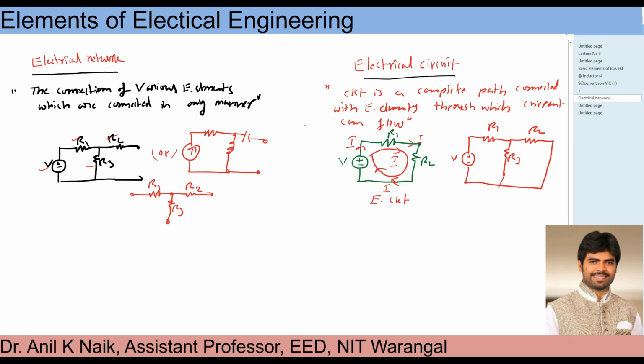So this is also called a circuit, because a complete path is available to circulate the current, and here also a complete closed circuit is available. So it is also going to circulate the current, and this is also one closed path to circulate the current, and these are called electrical circuits.